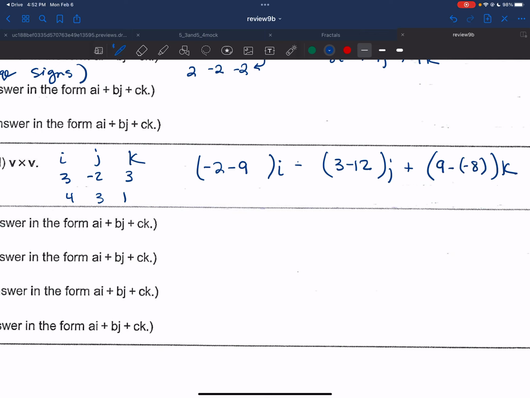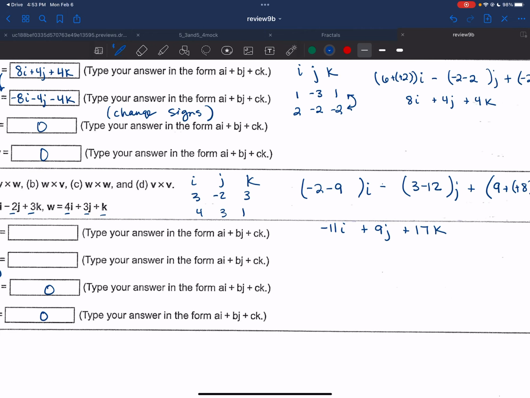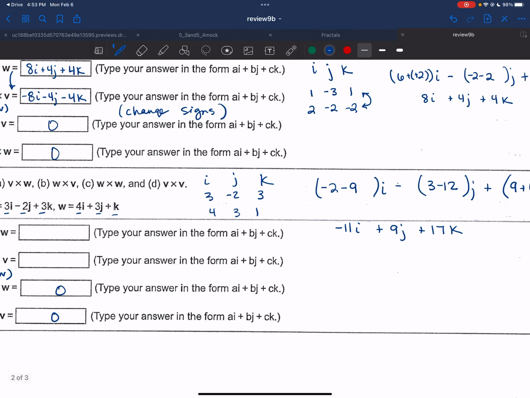So that gives me -11i. 3 minus 12 is -9. Negative gives me plus 9j. And then 9 minus a -8 is going to give me a positive 17k. So that will be my first one: -11i plus 9j plus 17k.